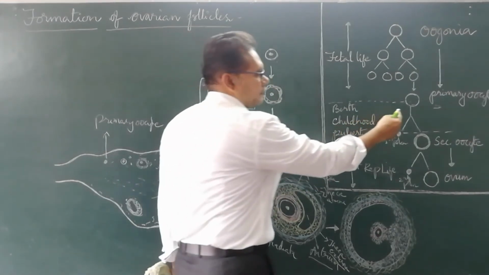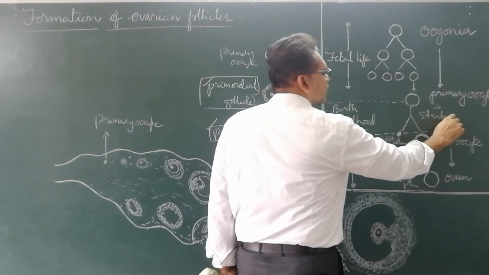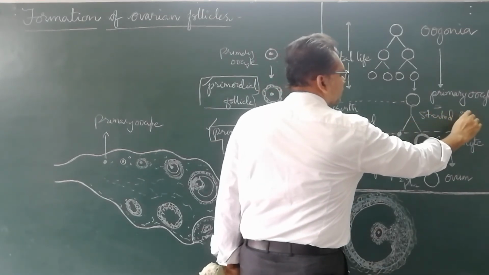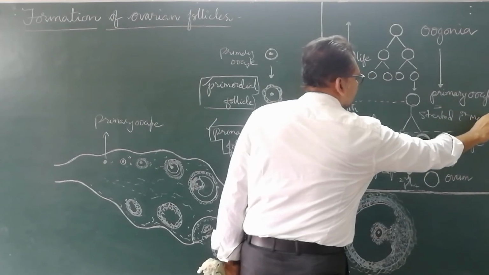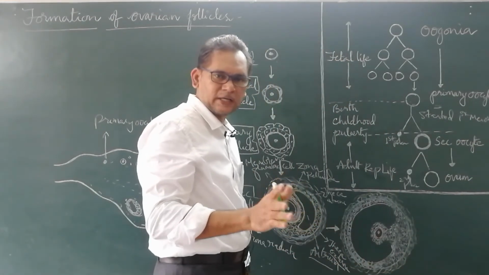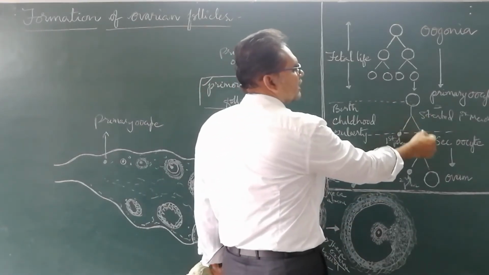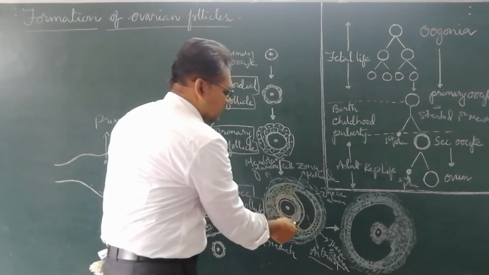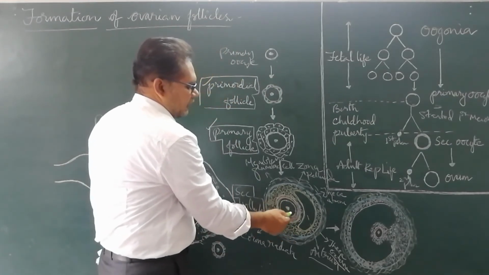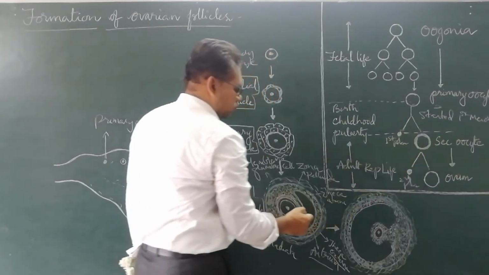The primary oocyte had started the first meiosis, but it was arrested at the diplotene phase of prophase 1. Now this resumes at puberty. The primary oocyte divides and forms a first polar body and a secondary oocyte.